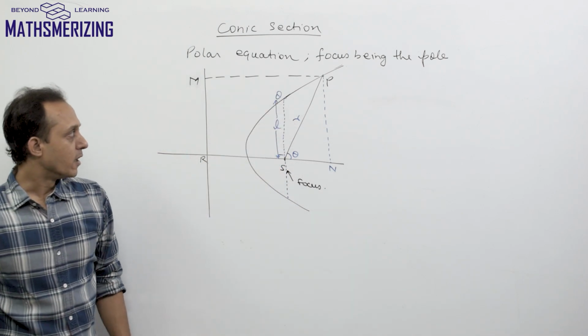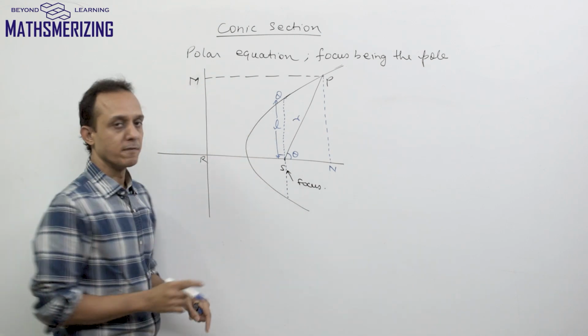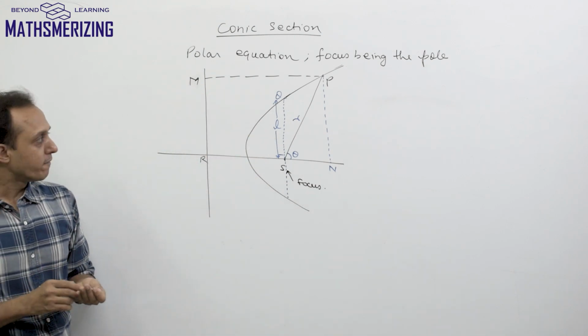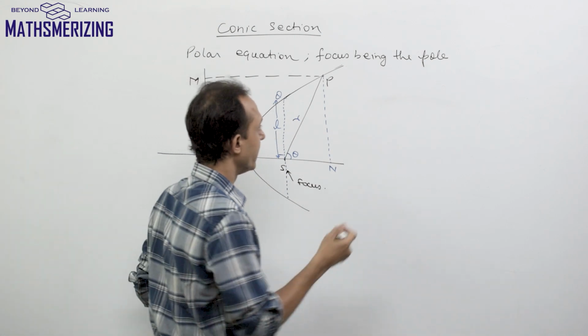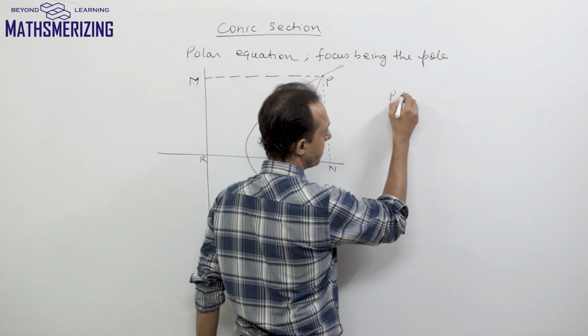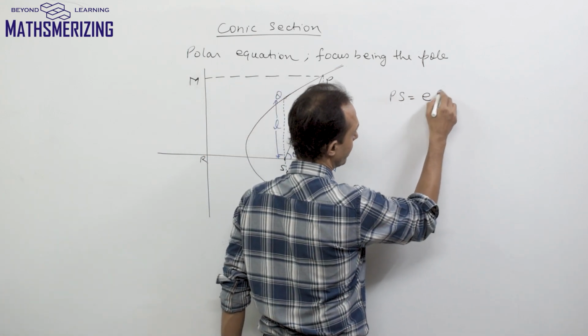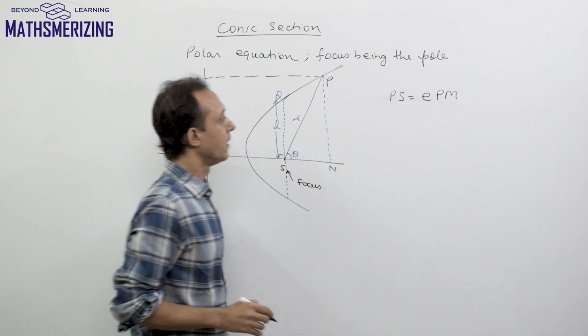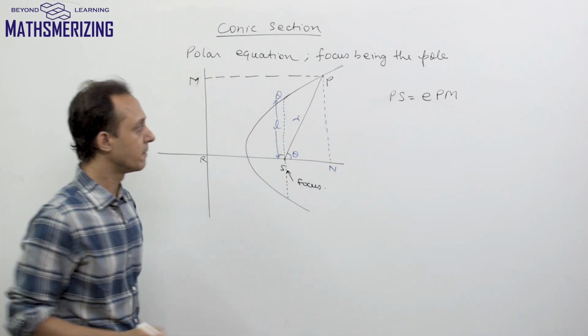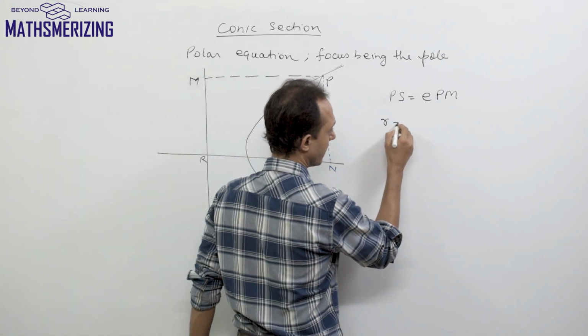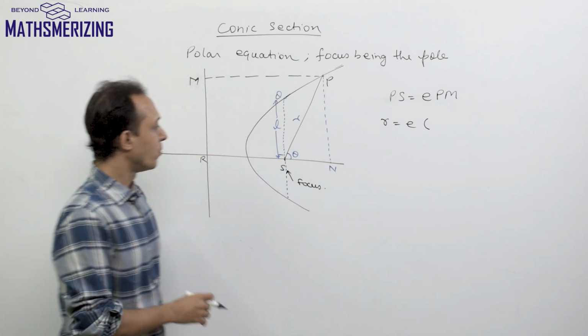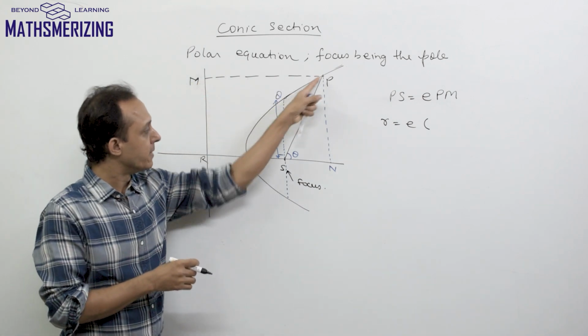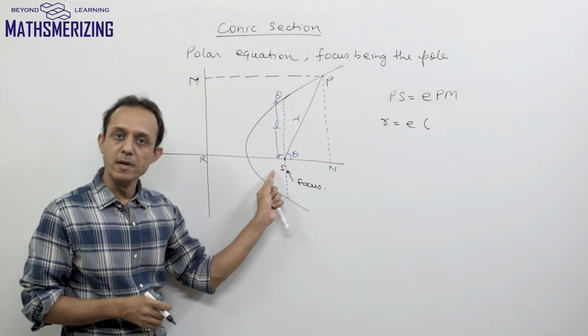Now we need to write the polar equation of this conic section. So what we know is, in conic section, PS equals E into PM. Now PS in this case is simply R. This is E. Now what about PM? I can write this PM as RS plus SM.